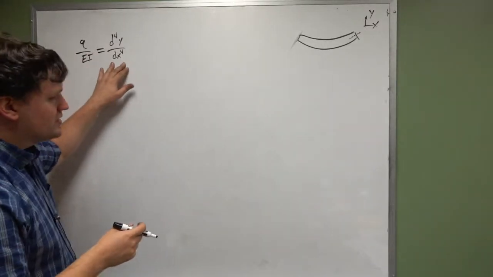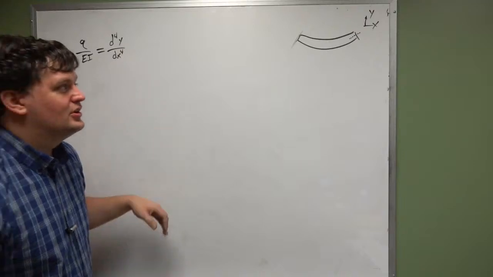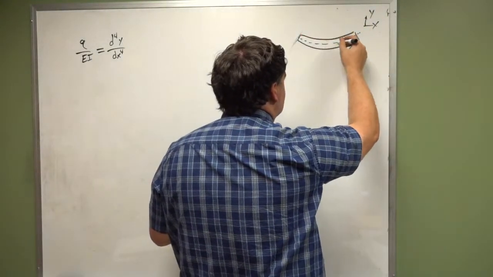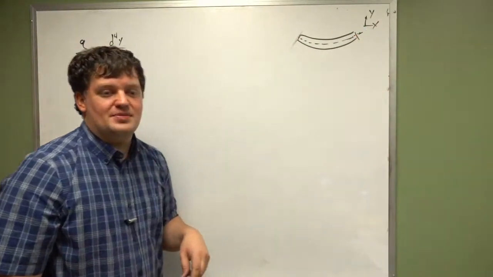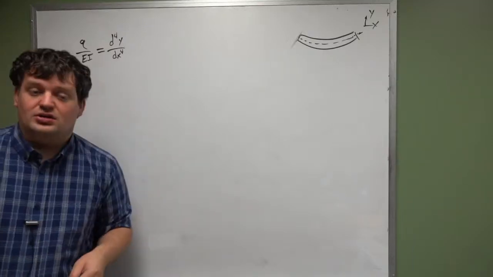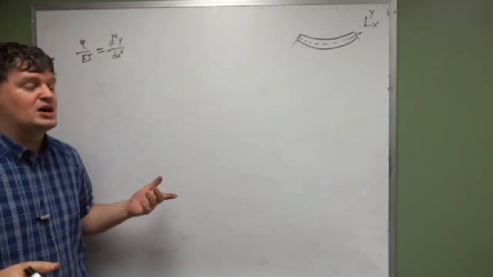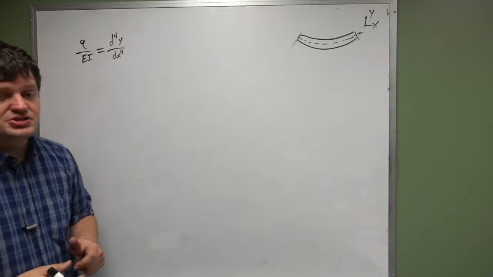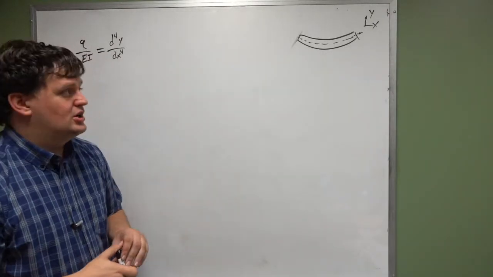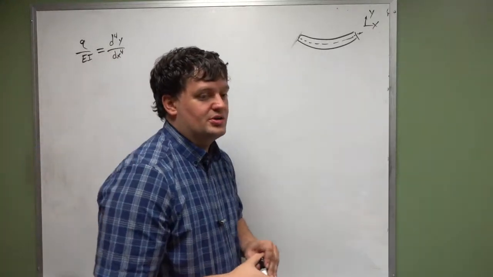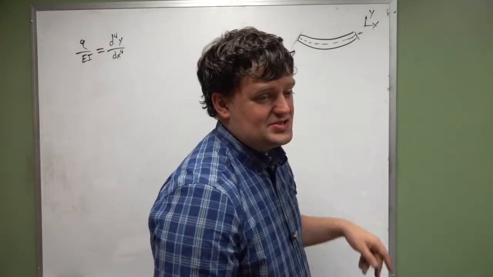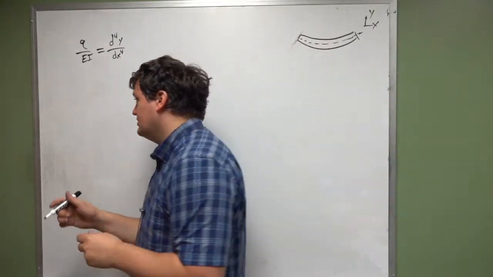The fourth derivative of the equation for this line defining the shape of that beam is equal to the loading on that beam divided by the modulus of elasticity times the geometric moment of inertia. So, yes, that's gross.